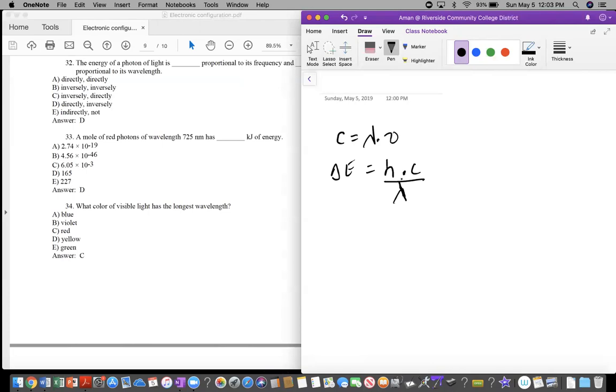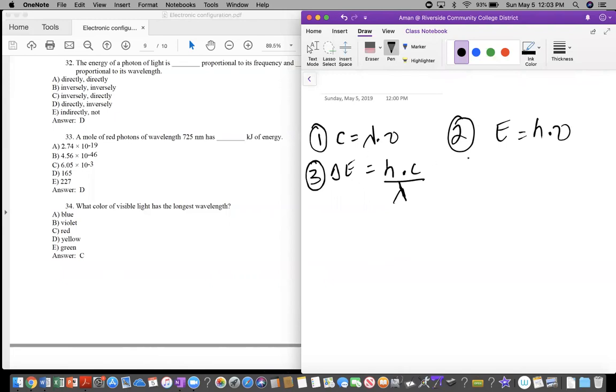So you can see on the screen right now. The first one is c is equal to lambda times frequency. Formula number two was E is equal to h times frequency. The third one actually came from the first and second, because if you combine them you get the third one.